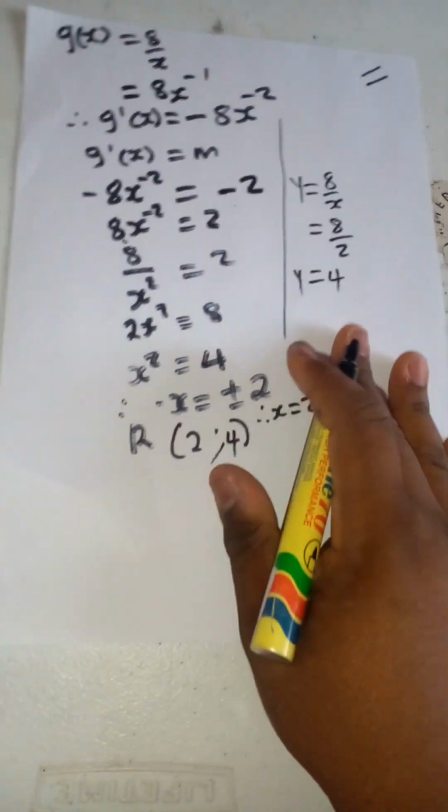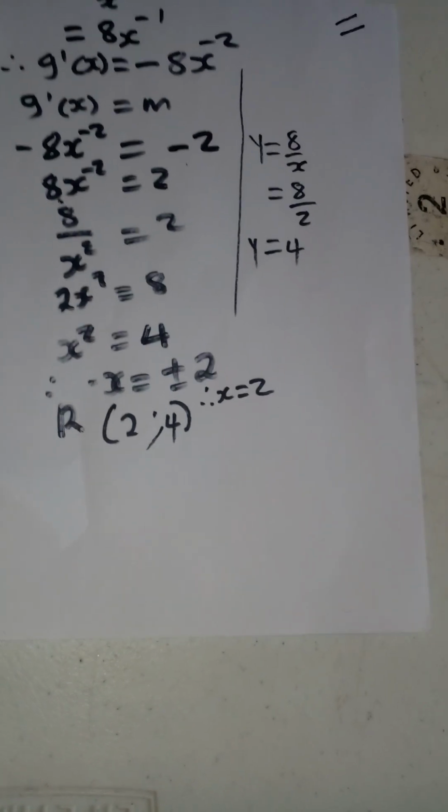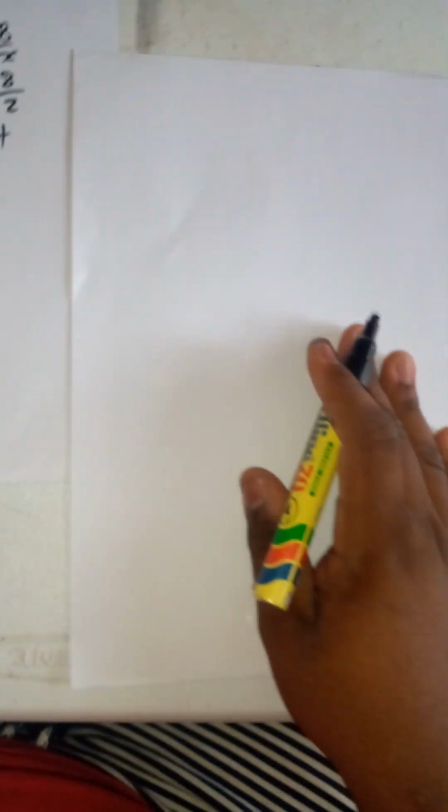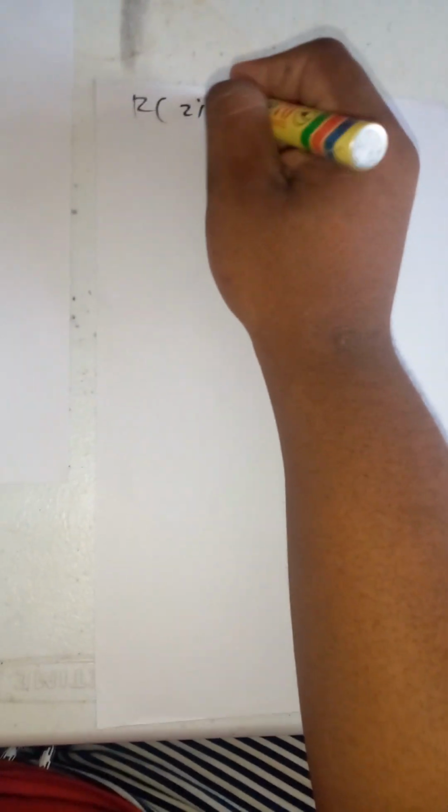After that, I take another paper so that I can continue. After that, I have r as (2, 4).